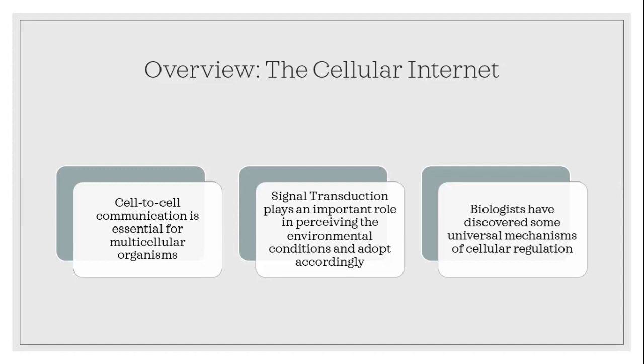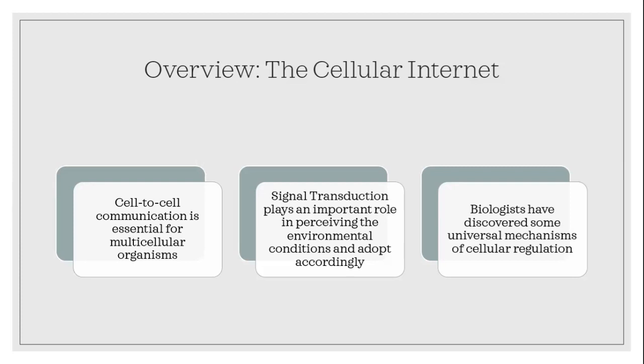Now, signal transduction plays a very important role in perceiving environmental conditions and adapting to them. Organisms face an environment, and this environment is constantly changing. You must have seen the change recently: a few days back the temperatures were very high, and within the next few days the temperatures will go down and humidity will increase. Accordingly, there will be a lot of change in the environment.